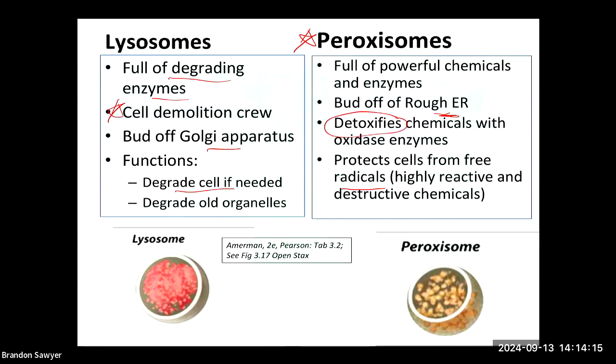So you have a lot of antioxidant enzymes inside of peroxisomes, and it's very common for free radicals to be formed during the process of making ATP. When we're making ATP in the mitochondria, we're also releasing a bunch of free radicals. And if we don't have a way to deal with those, then the cell can get damaged. So peroxisomes help with that process.